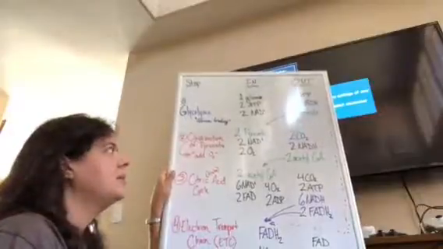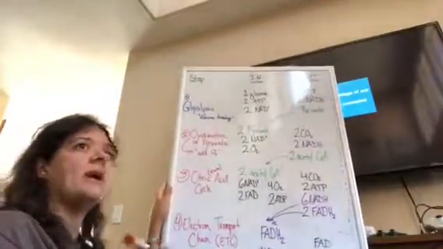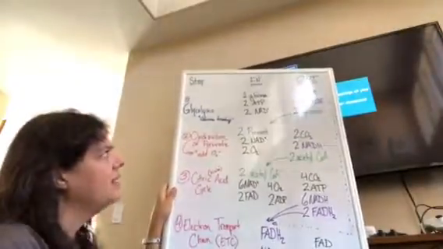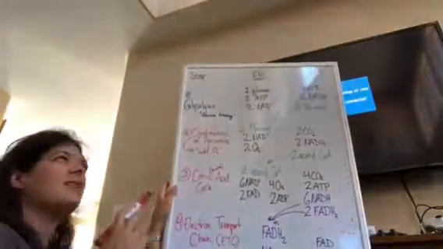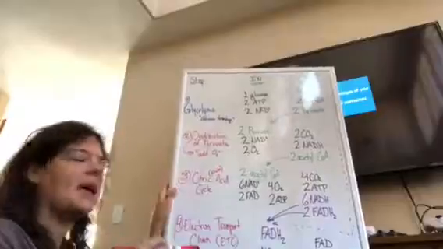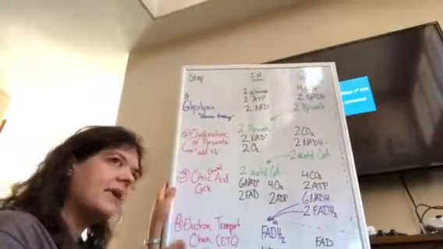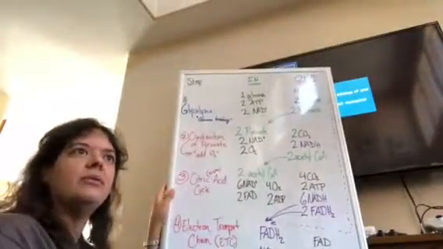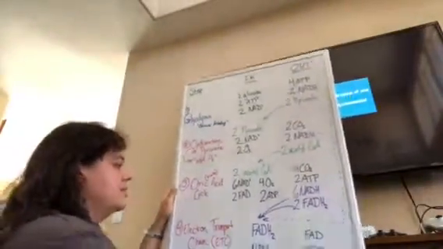Not every cell is kicking out quite that efficiently, but that's what they can do. I can't remember how many he might have said, 38. There's some debate from one text or resource to the next about exactly how many you get, but 36 to 38 is kind of the agreed upon range for ideal situations.